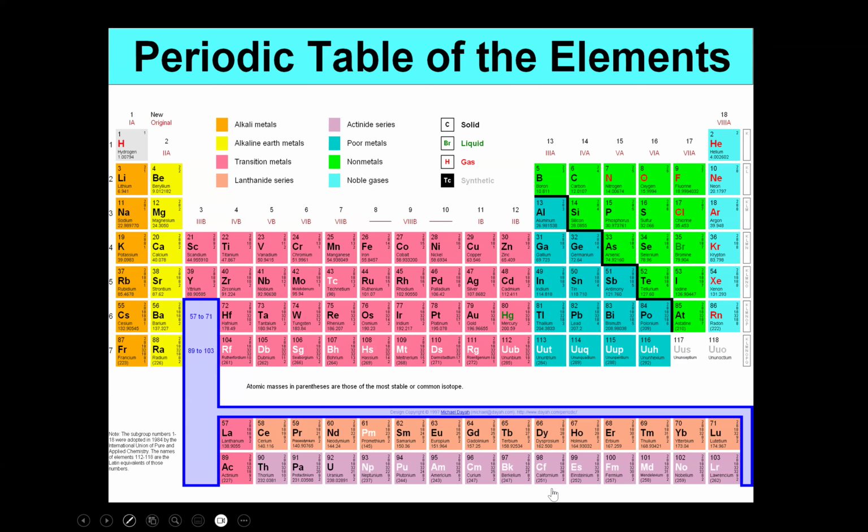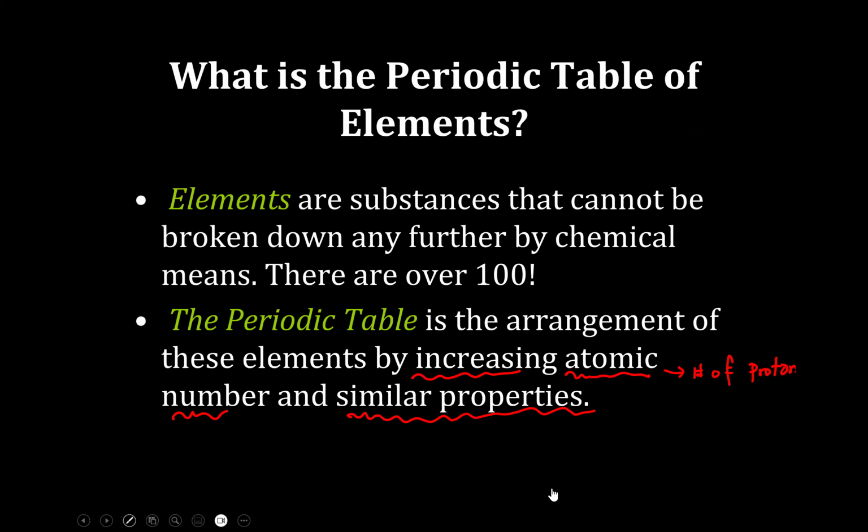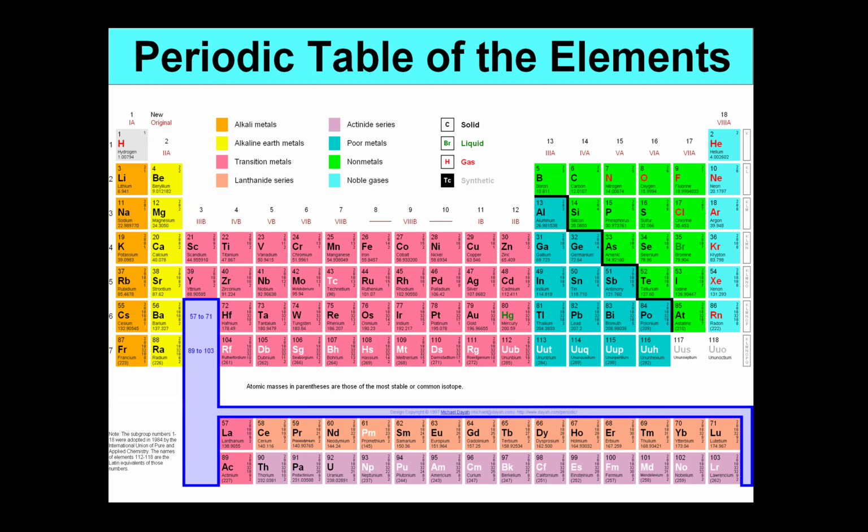If you notice, there are different colors corresponding to different properties. Earlier I said the periodic table is divided based on atomic number and the similar properties of the elements. For example, this color over here refers to what we call alkali metals.